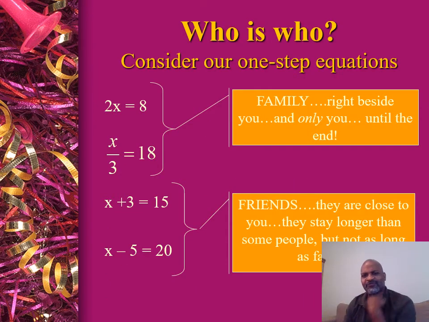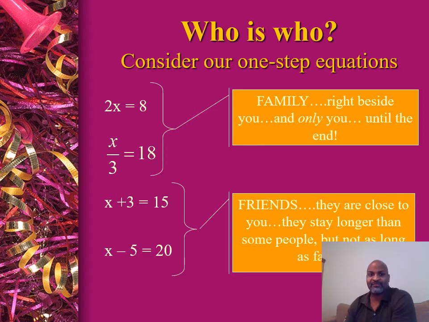Okay, for example, let's consider who is who. Going back to those equations that we had before, look at the family members. Families are right beside you and only you until the very end. So look at 2x equals 8 and x divided by 3 equals 18. Notice that the 2 is right next to the x and the 3 directly divides into x.